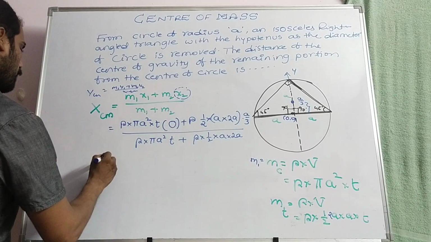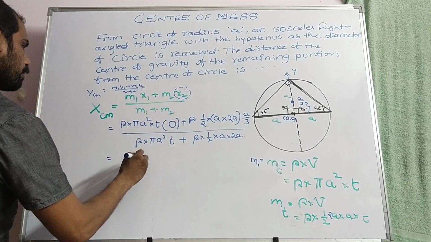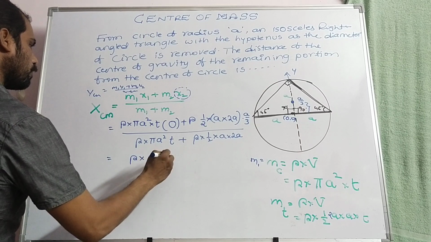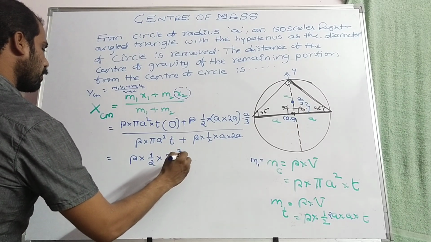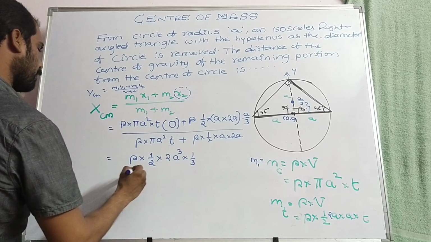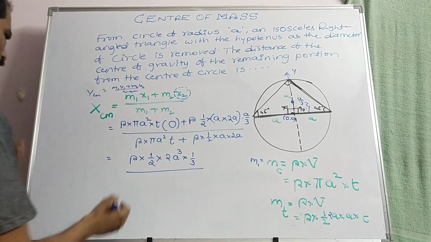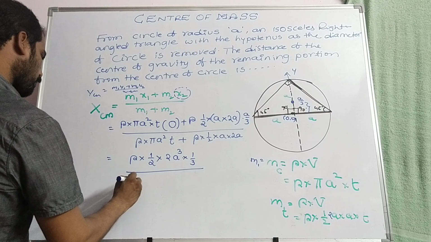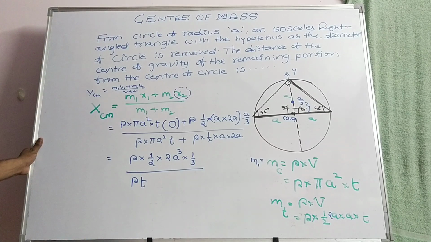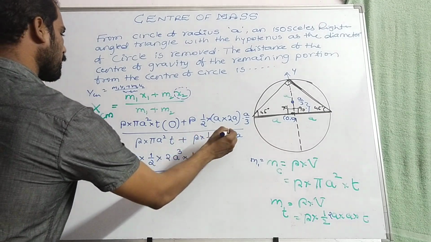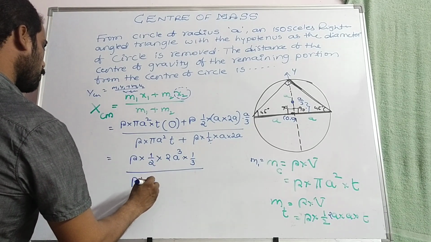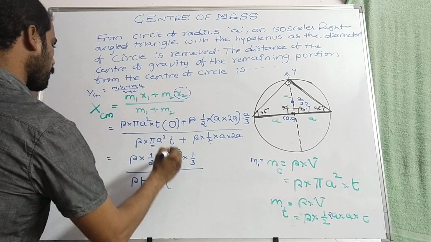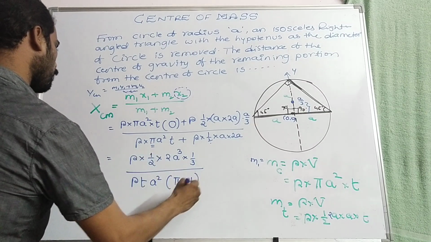Now that is equal to rho into half into 2a cube into 1 by 3, by rho into t, 2 gets cancelled, so rho into t into a square into the remainder, pi plus 1.